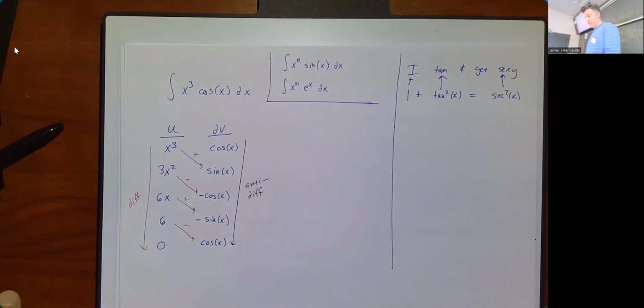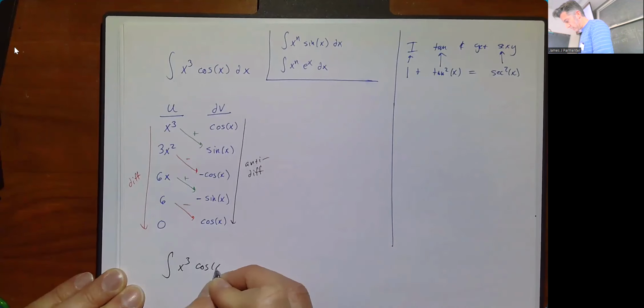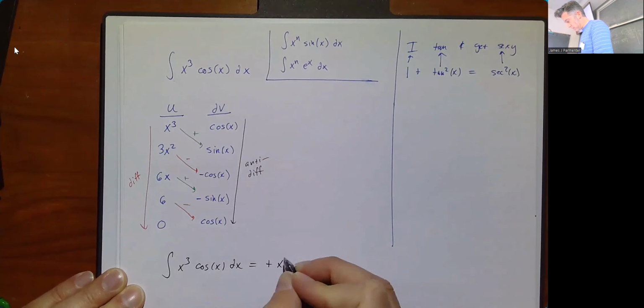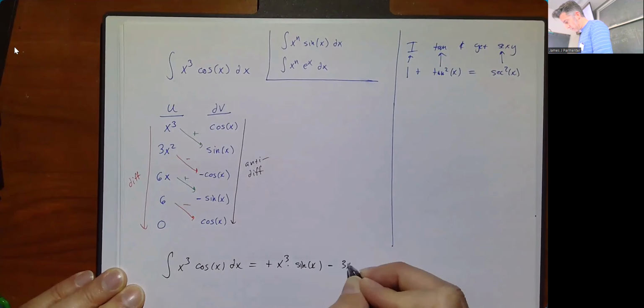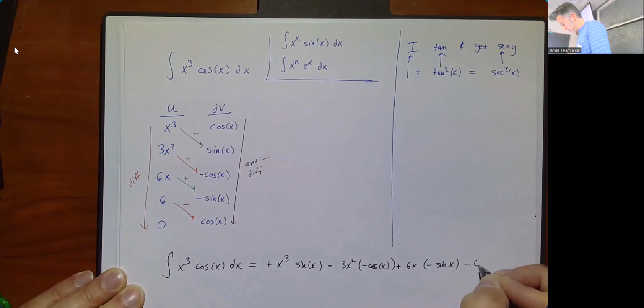So writing this out, the integral of x cubed times cosine of x dx is equal to positive x cubed times sine of x minus 3x squared times negative cosine of x plus 6x times negative sine of x minus 6 times cosine of x.